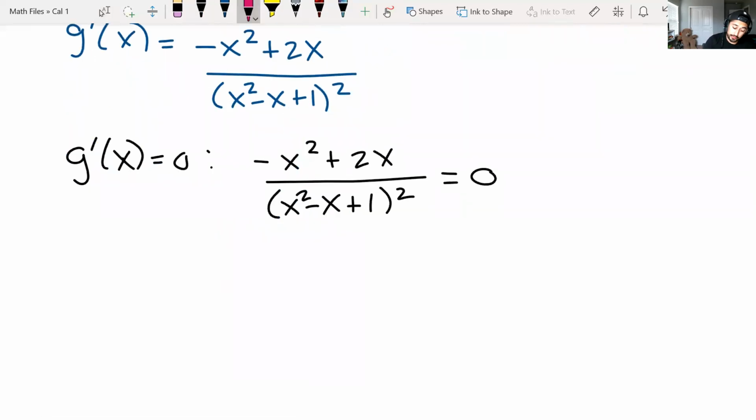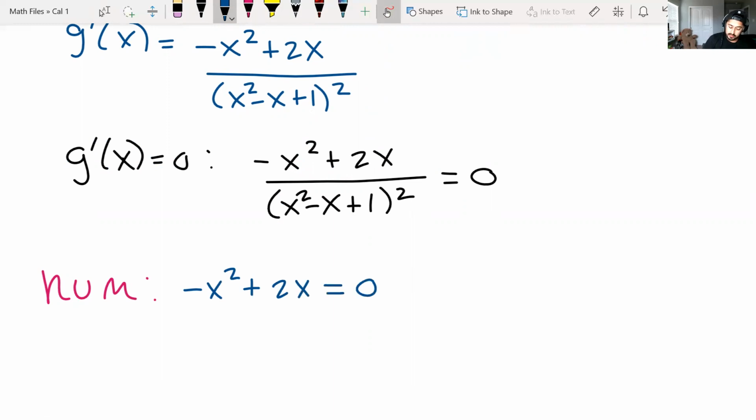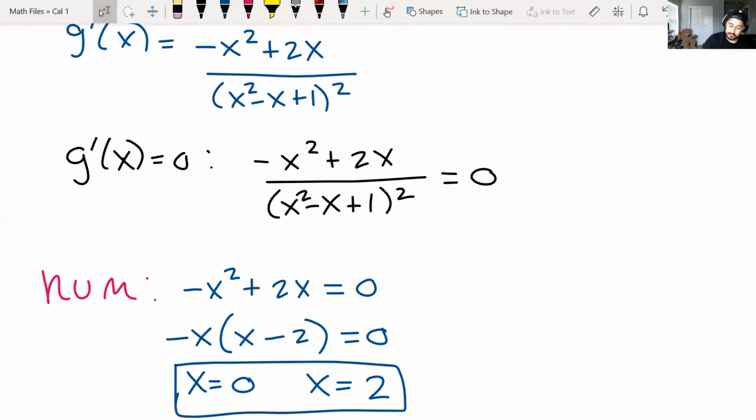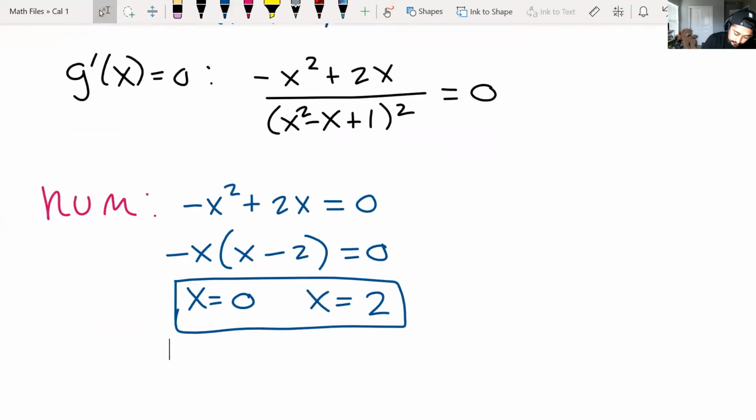And just like the very first example, we'll start with the numerator, which gives me negative x squared plus 2x equal to 0. Take out a negative x, I get x minus 2 equal to 0. This means x equals 0 and x equals 2. These are my first set of critical numbers.